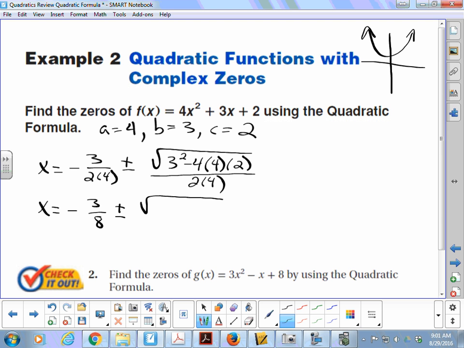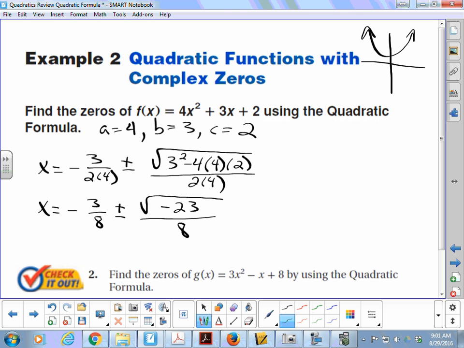Okay, so what is 9 minus 4 times 4 times 2? Negative 23, okay. All right, so what do I do when I have the square root of a negative number?